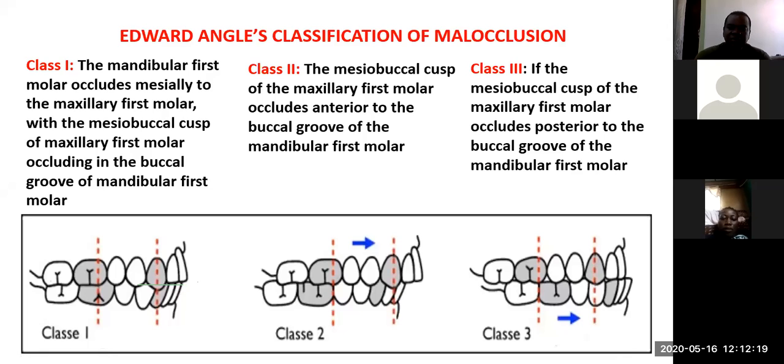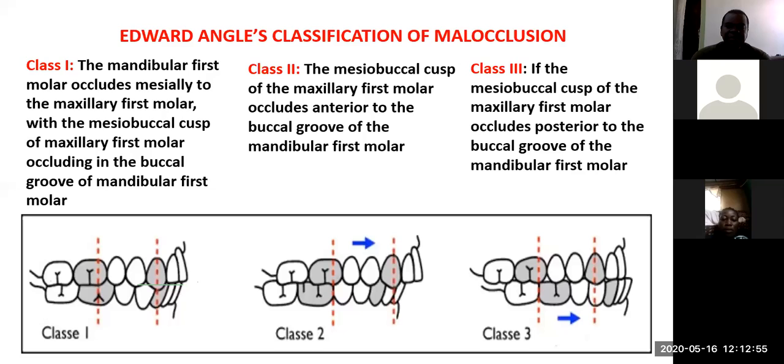Class 1, we previously have defined it, is when the mandibular first molar occludes mesially to the maxillary first molar. We talked about the anterior previously, but now we are talking of the relationship between the posterior teeth. I told you earlier that Edward Angle's classification of malocclusion takes the first maxillary molar as the reference point, or the canine.